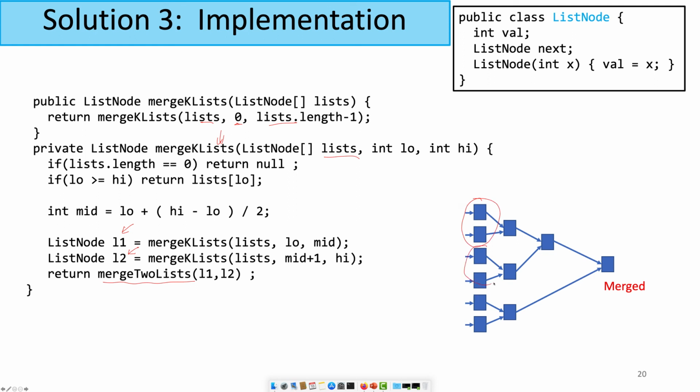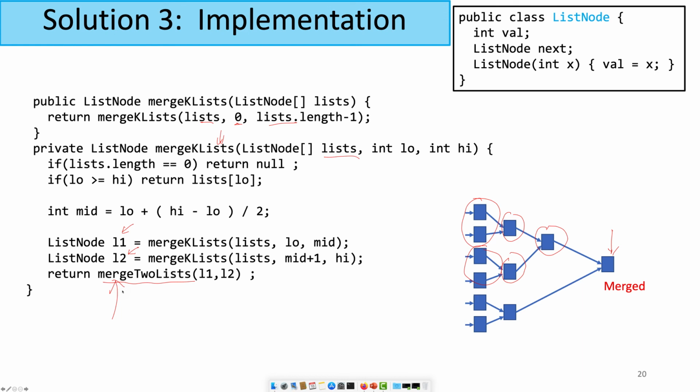And then another recursion will merge the other 2 lists, and then each of them will generate a bigger list. And now the merge 2 lists algorithm again will merge them together into a bigger merged list, and eventually we will have this big merged list at the end, and this function will return that.